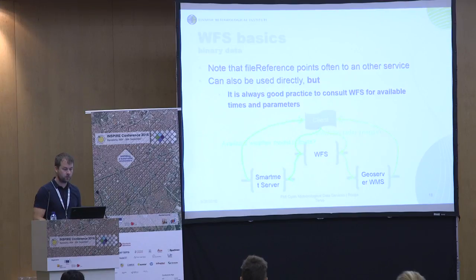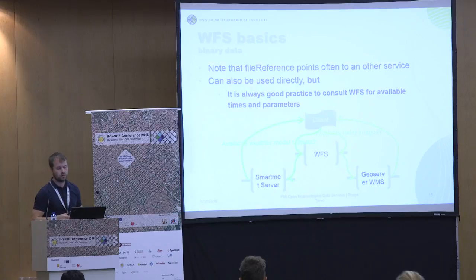So, file reference, well, it points to the other service, but that other service can also be used directly. So our so-called download plugin can be queried directly, but we recommend that it's good practice to consult web feature service so you can get the available times and parameters and what's available just at that moment.